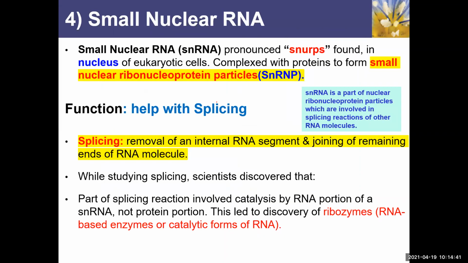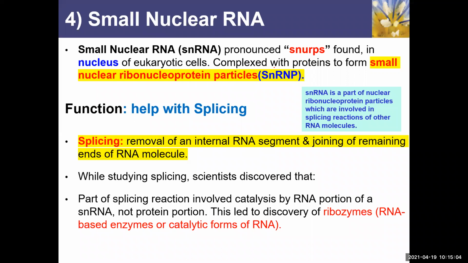Okay. So what are your snRNPs? These are recently discovered RNAs other than your basic mRNA, tRNA, right? We have these snRNPs, which come from the small nuclear RNA, right?